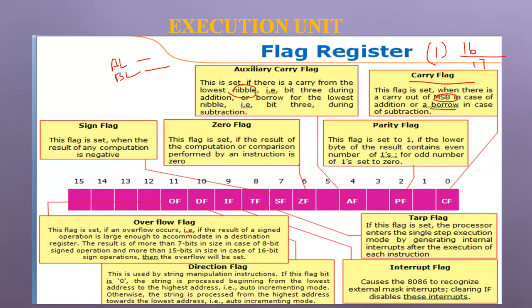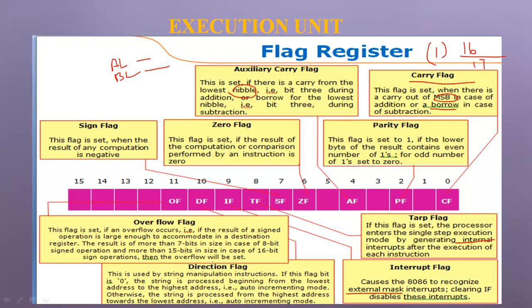Interrupt flag: this is to recognize the external interrupt. The trap flag is used for internal interrupt, and this one is for external interrupt. When an external interrupt occurs, the details will be moved to the interrupt flag. With the help of the interrupt flag, the processor decides to continue or stop its execution.